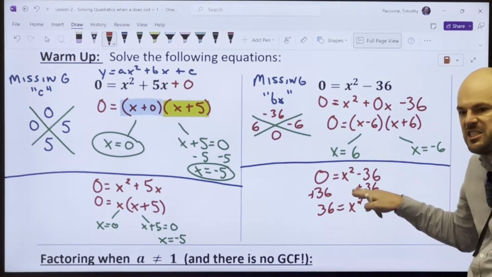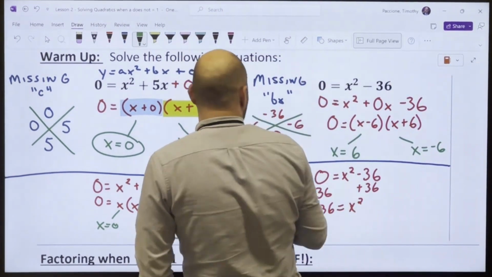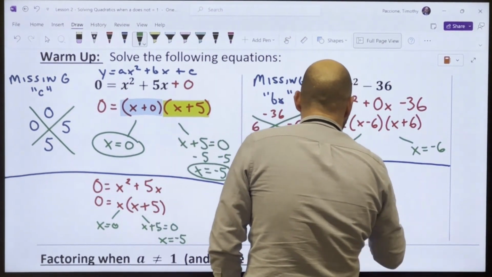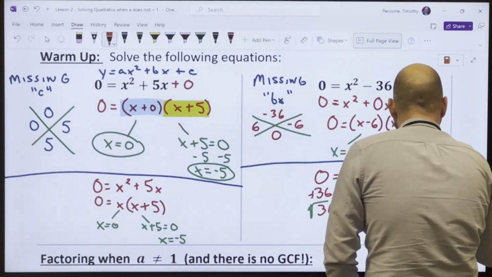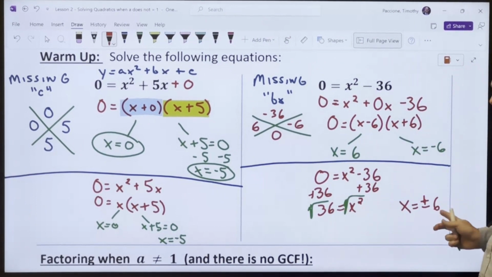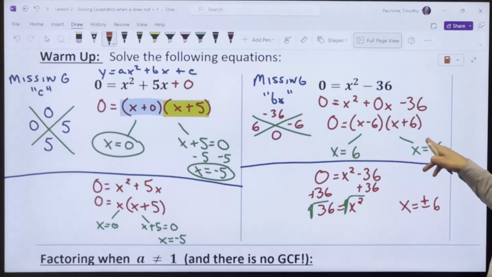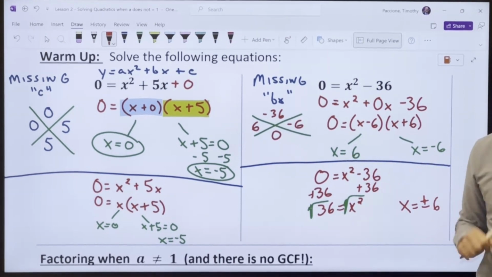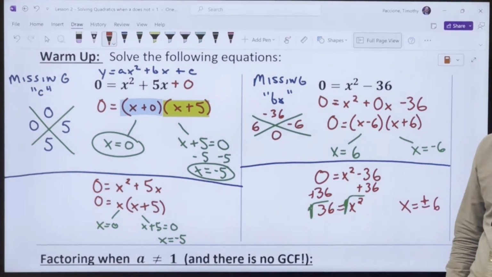I still want to get just x, so I square root it, right? I get x equals plus or minus 6, because both 6 times 6 is 36 and negative 6 times negative 6 is 36. That's the same answer. I got 6 and negative 6, plus or minus 6. Those say the same thing, right? So those are your two ways to do that problem, okay?